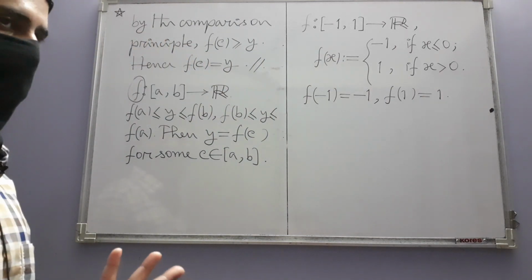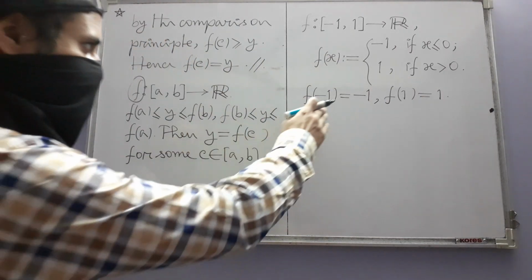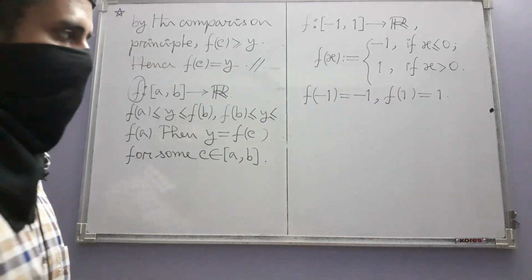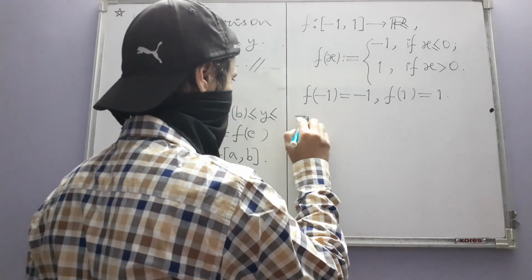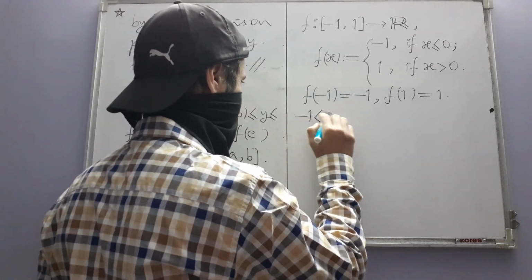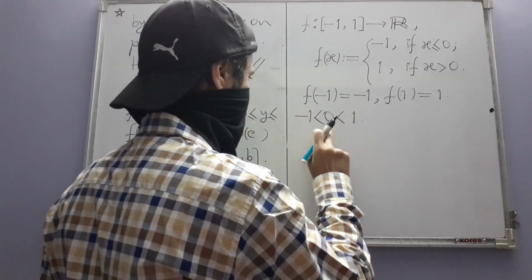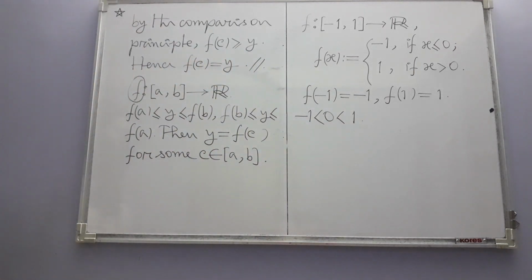Now you take any value between these two f values. The author has taken 0. So this is our y now.